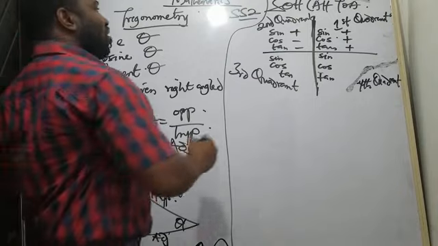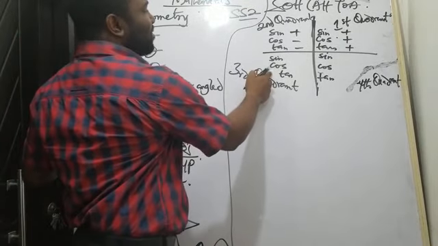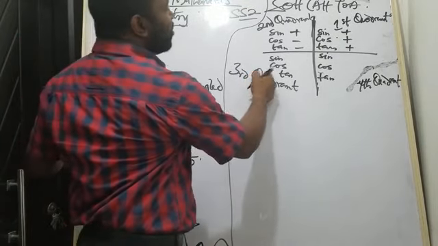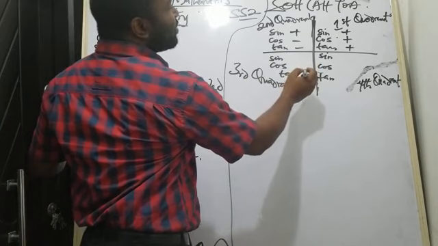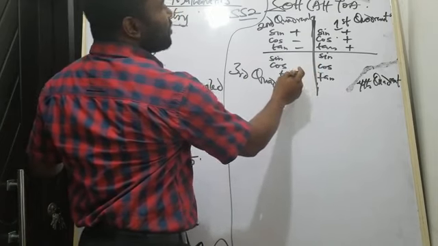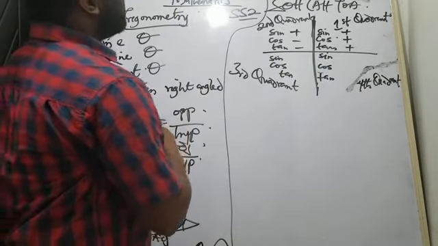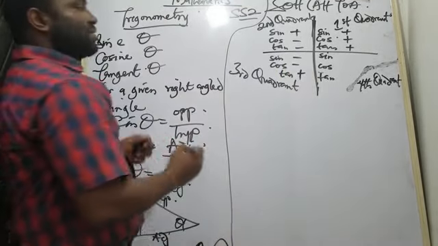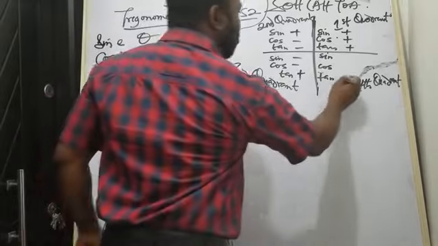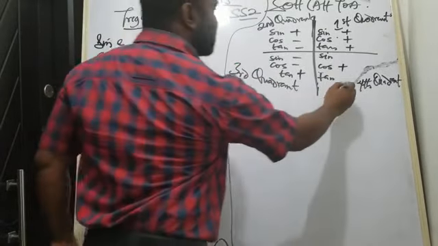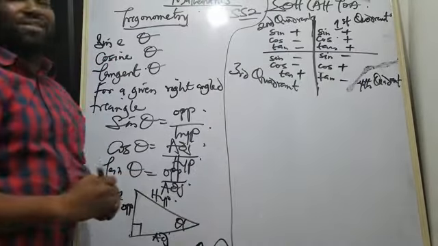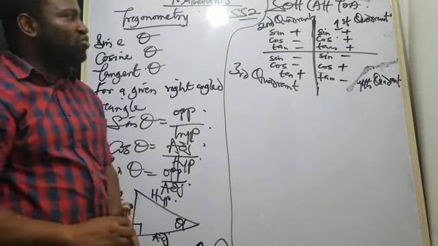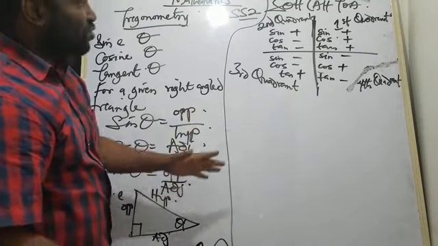Okay? On this third quadrant, only tan is positive, others are negative. And then on fourth quadrant, only cos is positive while others are what? Are negative. Please, you must master this, okay?